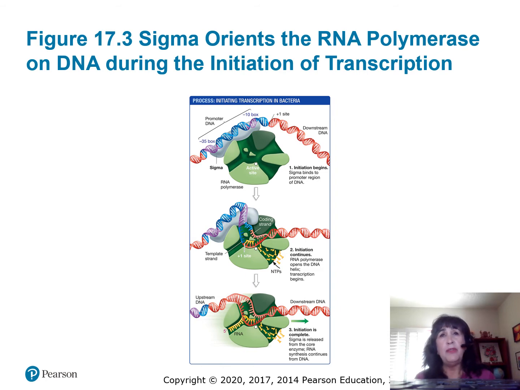These grooves are needed because we need to separate the two strands of DNA to create this transcription bubble. We also need NTPs, or activated nucleotides, to come in, and we need the finished product to come out, which we see in step 3. So this is how a copy of messenger RNA is synthesized in bacteria.